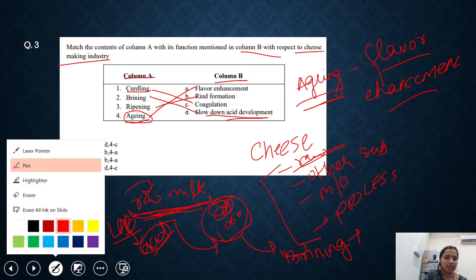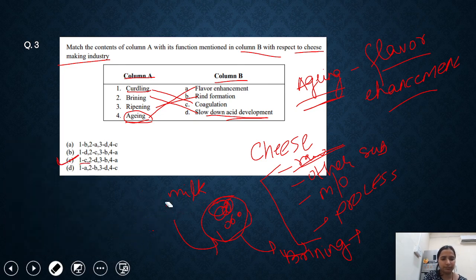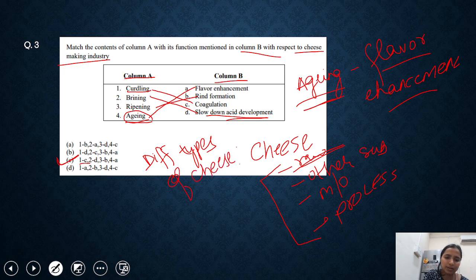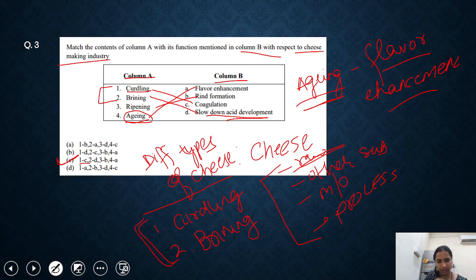But as you have studied, there are different types of cheese. For making the different types of cheese, the changes are made in the first and second processes, that is curdling and brewing.